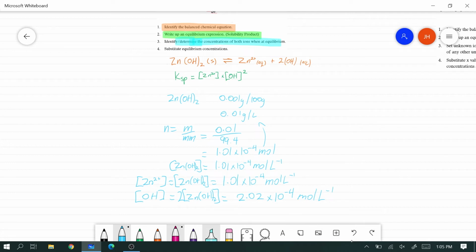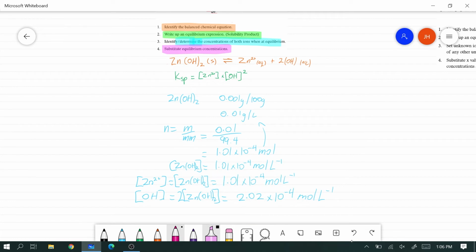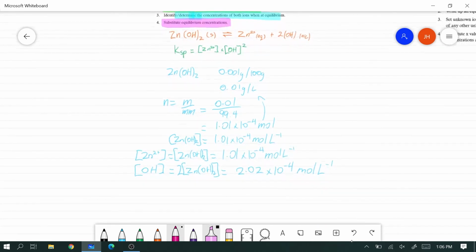What we need to do right at the end is then just substitute those concentrations at equilibrium. So what we're saying here is if we form a saturated solution of zinc hydroxide, we're going to have zinc ions in the concentration of 1.01 times 10 to the -4 and a concentration of hydroxide ions at 2.02 times 10 to the -4. So the Ksp value is as it is up here.